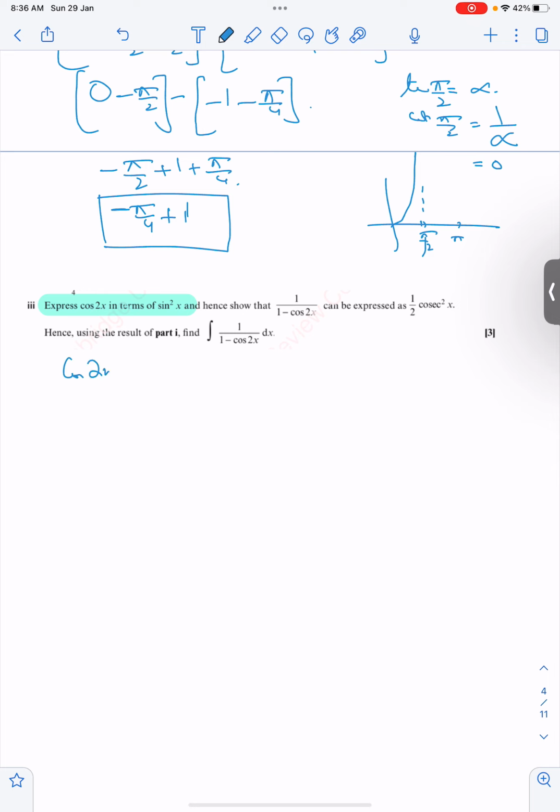We know cos of 2x equals 1 minus 2 sine square x. If I make sine square x the subject, sine square x is going to be 1 minus cos of 2x divided by 2. So 1 minus cos of 2x equals 2 times sine square x.